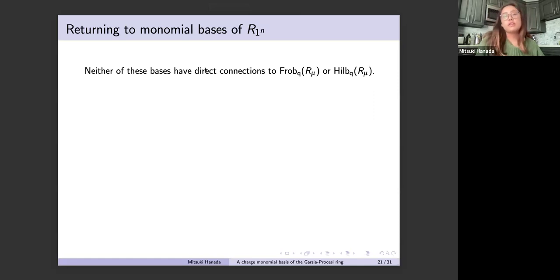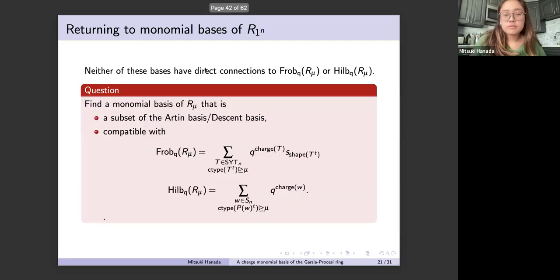However, the issue with these bases is neither of them has a direct connection to the Frobenius character or the Hilbert series. Even though one nice property of the monomial bases of the coinvariant ring was that they were super compatible with our Hilbert series, we don't have the same compatibility with either of these monomial bases of the Garsia-Procesi ring.